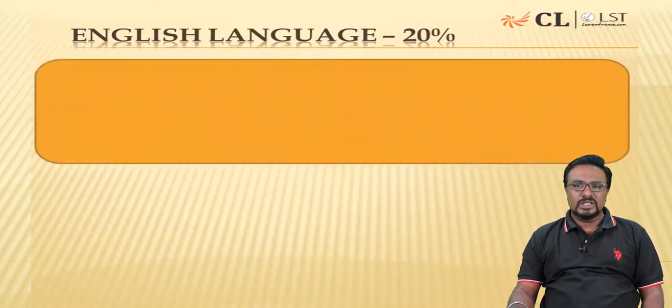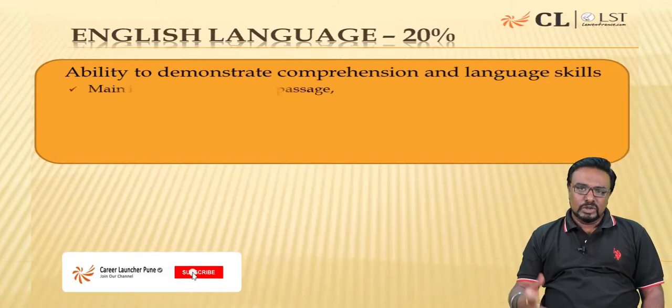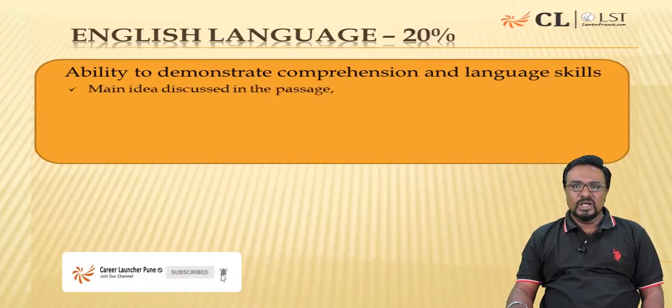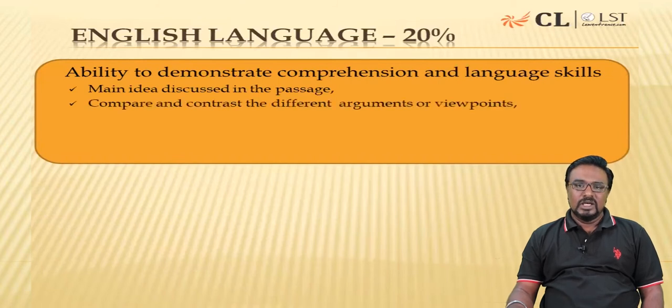In those questions, they would be trying to test your ability to demonstrate comprehension and your language skills. There would be questions on the main idea of the passage: what is the author trying to express?